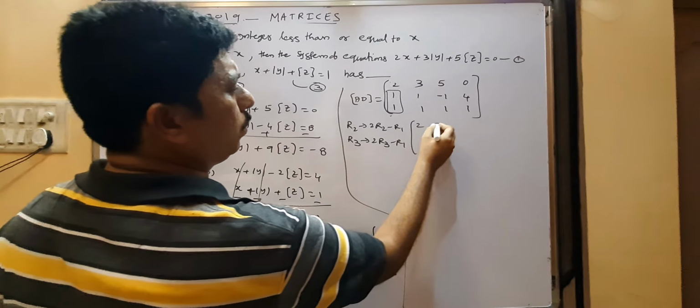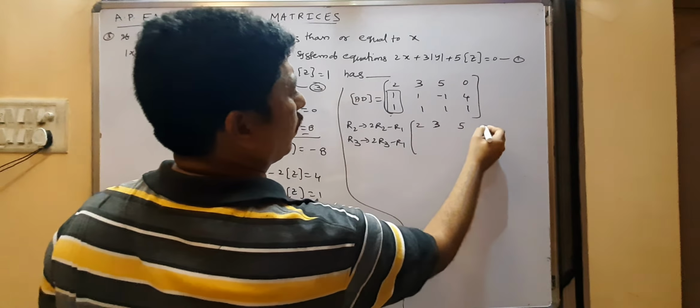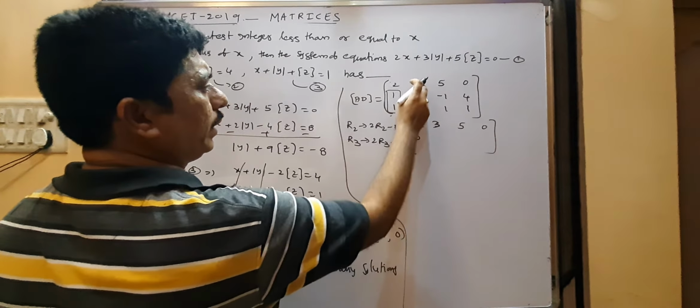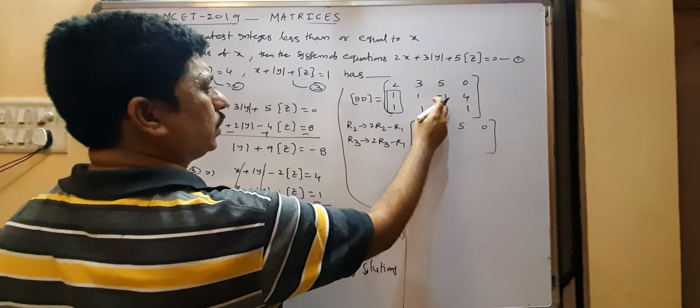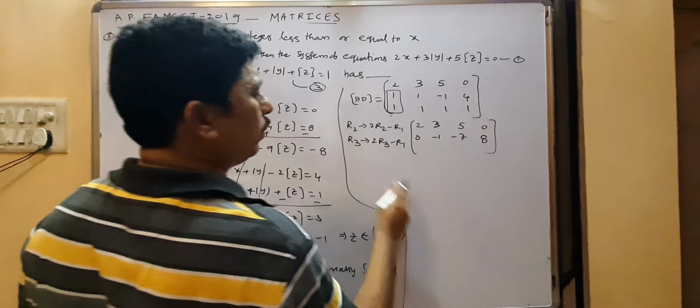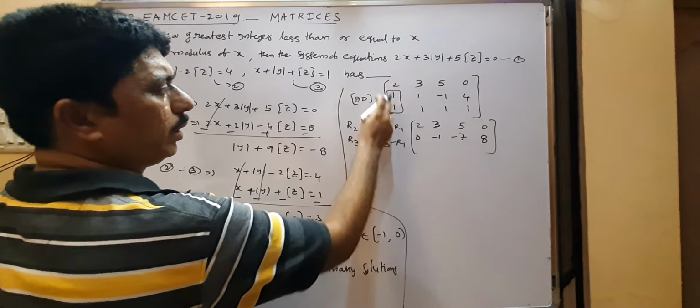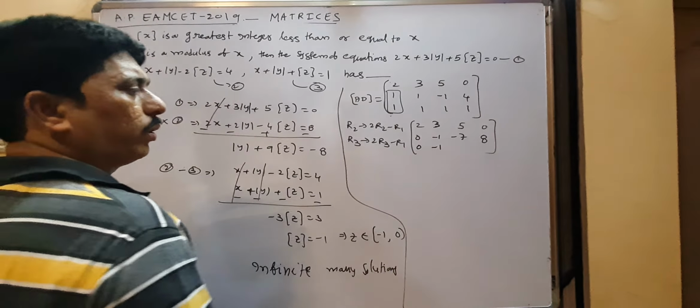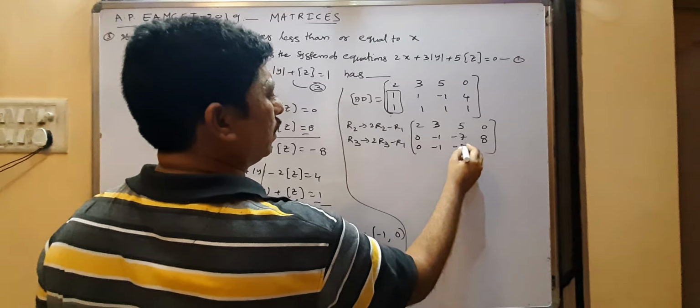We get the first row the same: 2, 3, 5, 0. Then 2R2 - R1 gives 2 minus 2, 0; 2 minus 3, -1; -4 minus 5, -9; 8 minus 0, 8. And 2R3 - R1 gives 0, -1, -3, 2.